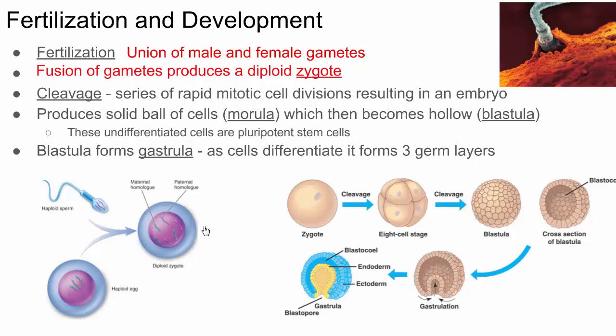Because the sperm cell is haploid and the egg cell is haploid, when they combine, they return the zygote back to the typical diploid number. The zygote is diploid.